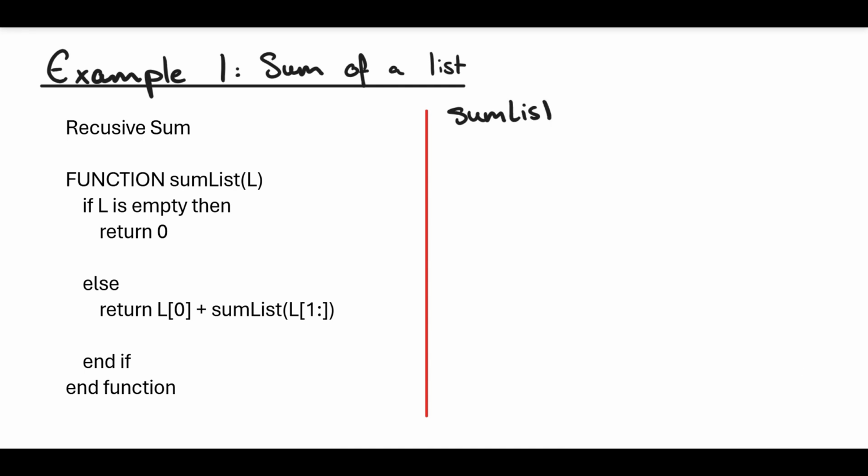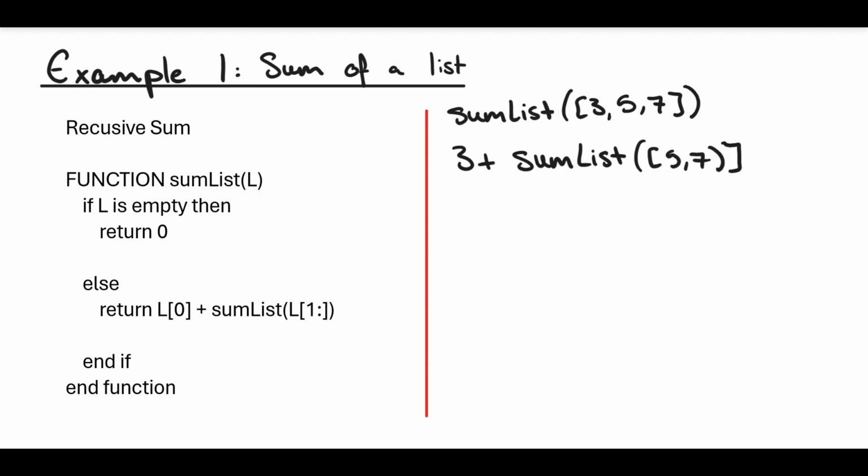So it would look like sum list bracket 3, 5, 7. We're inputting an array because L is an array. This becomes 3 plus sum list 5, 7. And this becomes 5 plus sum list bracket 7.